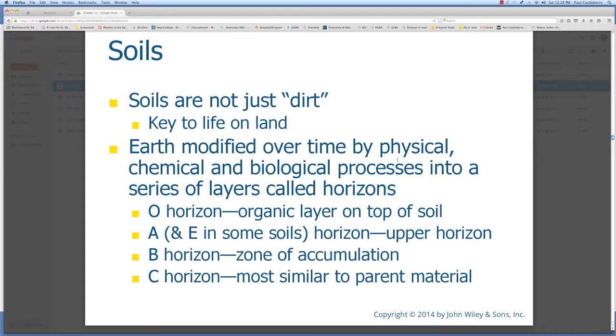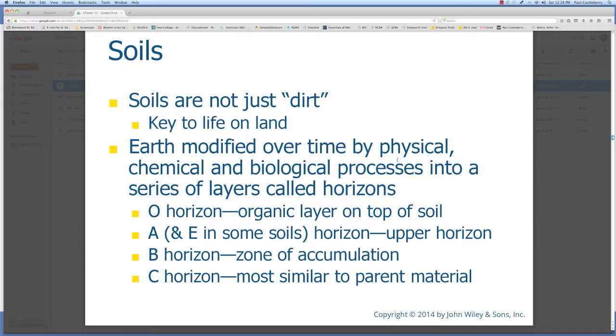It cannot be used as a macronutrient. It has to be fixed. And as we recalled from Chapter 7, lightning actually can help convert diatomic nitrogen into ammonium to be used by plants for uptake. However, the major area of production of fixing nitrogen into ammonium and ammonia occurs by microbial and biological life in the soils. They convert it so plants can use it to take up and to grow and develop.